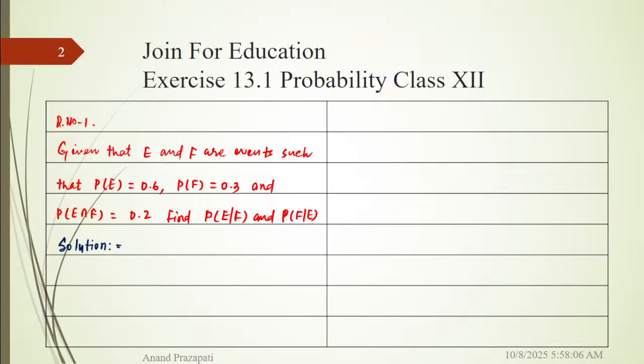So we recall the relevant formula. We know that probability of E by F equal to probability of E intersection F by probability of F. Now putting the value of this one and this one from the question, we get 0.2 by 0.3.